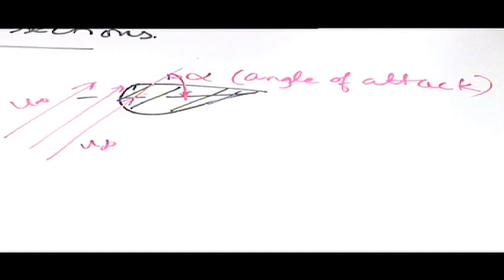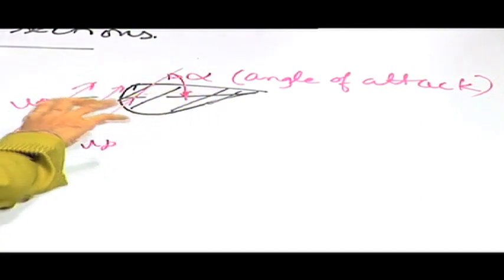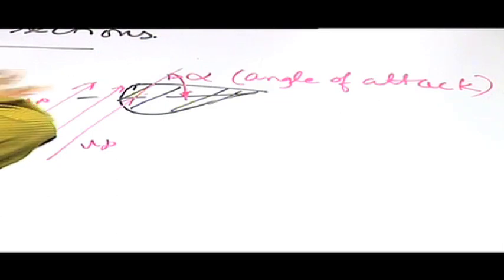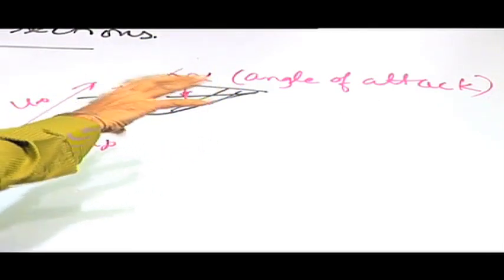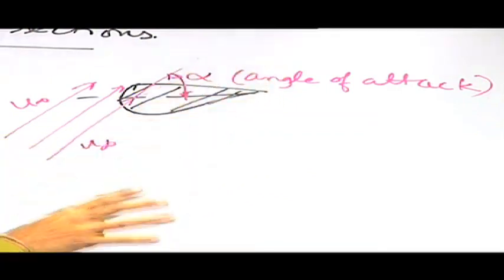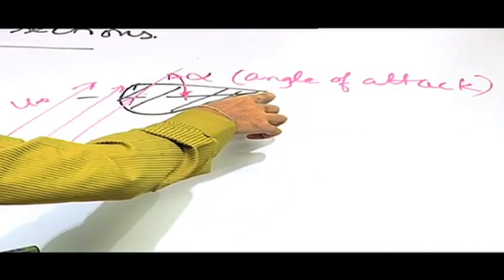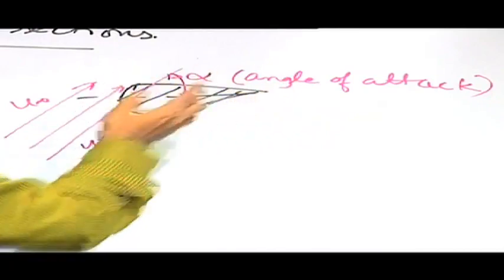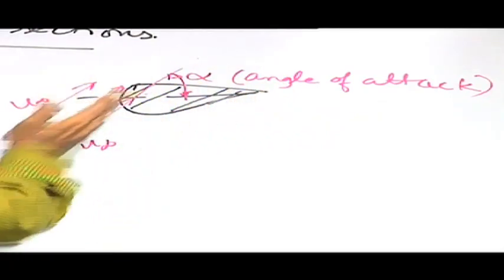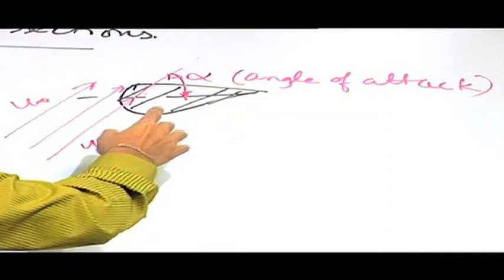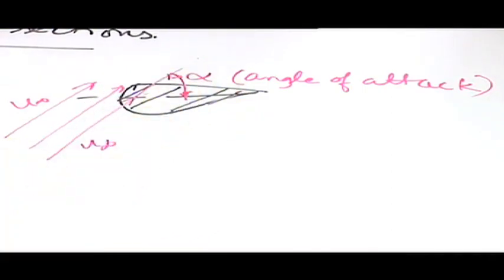This angle of attack is very, very important, because if the angle of attack is very small, then the flow is almost aligned with the direction of the chord, and the boundary layer separation takes place almost at the trailing edge, I mean almost the entire flow is unseparated. But as you increase the angle more and more, beyond a critical value of the angle there will be very quick boundary layer separation, and because of that the lift force will go down.